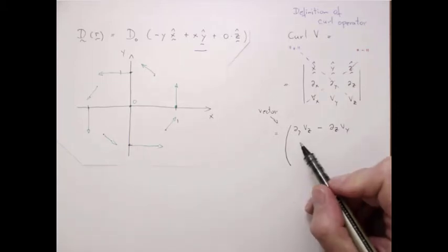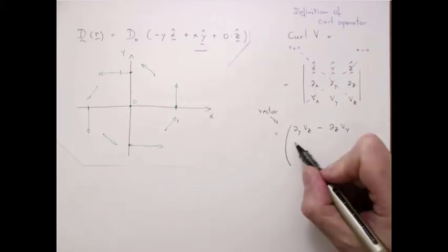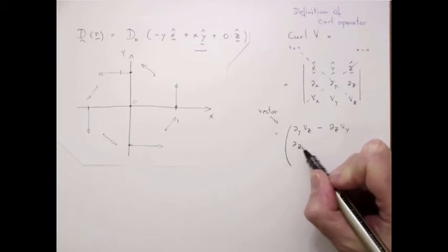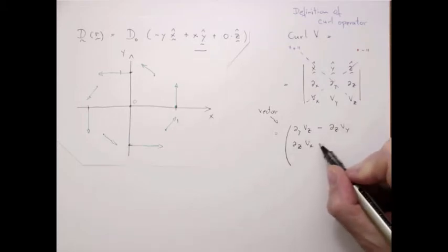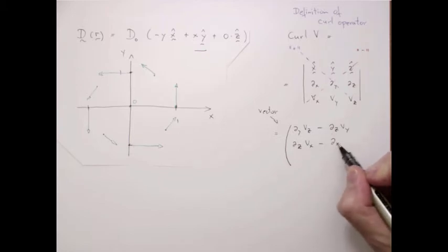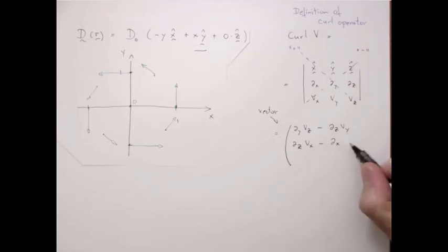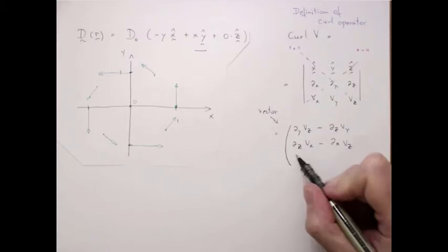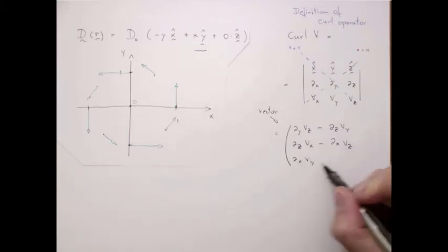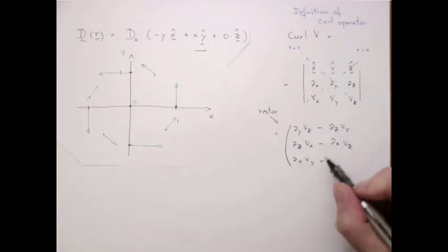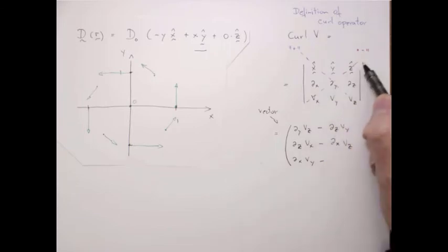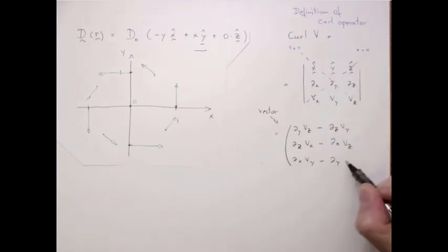For the y component, we obtain positive dz of vx and negative dx of vz. And then finally for the z component, we have positive dx of vy minus, that's this one I've indicated in red here, dy of vx.